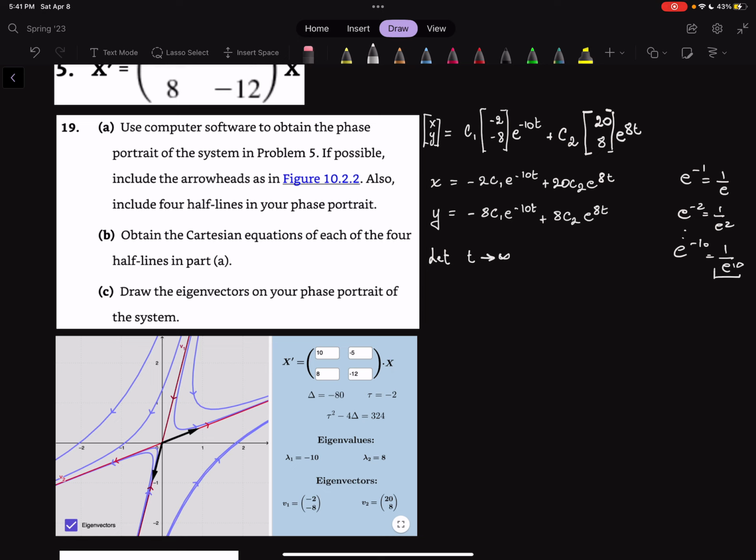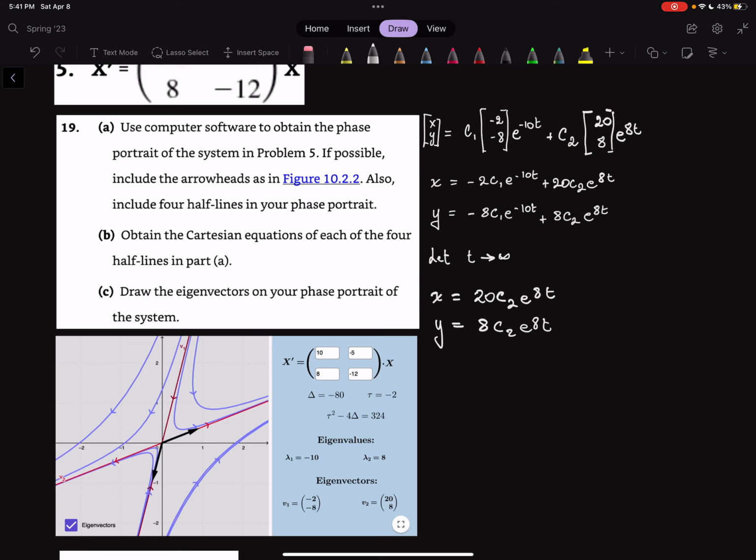So this number in the denominator is going to get larger and larger. And as you divide 1 by a larger and larger number, you're going to get closer and closer to 0. But infinity is so large of a number. It's not a number, but it's so large, it's so far that we can say that those terms are 0. So we can say that x is equal to 20 c2 e to the 8t, and y is equal to 8c2 e to the 8t.